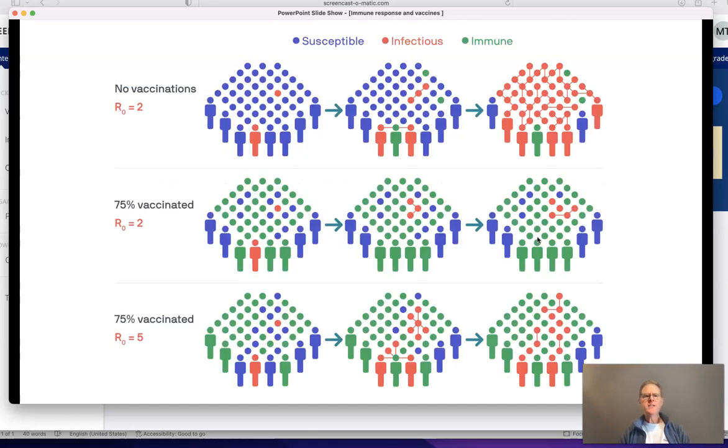Okay, but this is what it looks like. If you have on the top line there, no vaccinations, you have a red dot, one infectious person. Well, say this person becomes infected, right? As they move to the next stage, they will be immune, but they've already spread it to the people around them.